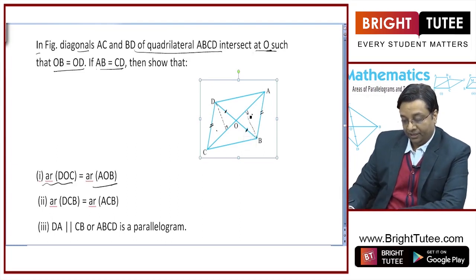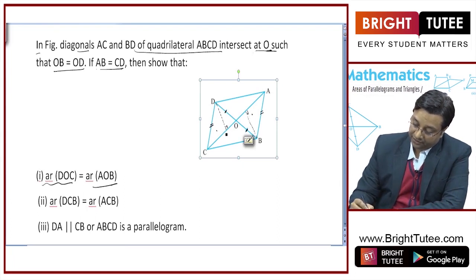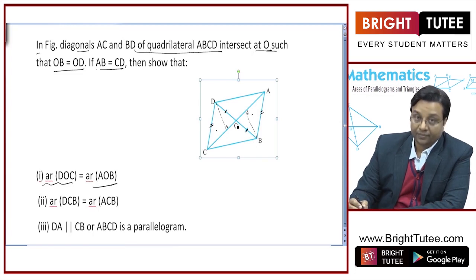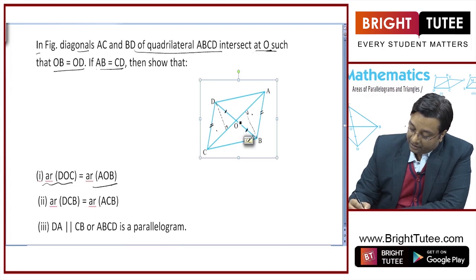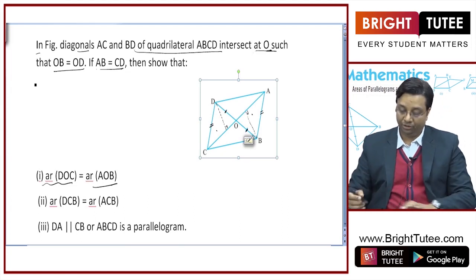Okay. So now see, we have already proved in a previous question that AO is acting as median in triangle ABD. Let me show you. Let me first explain it to you.